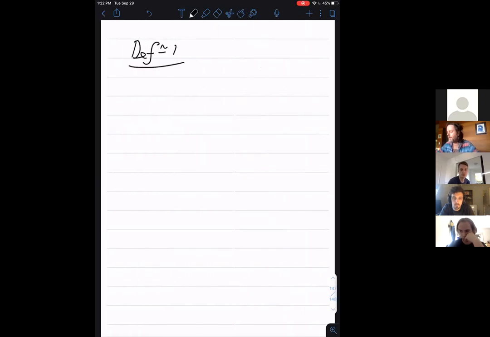So here's a pretty basic definition that connects to laws. I think all of my laws are going to be on the real line, and many of them will be on the positive real line. It's understood that these are probability measures on the real line.